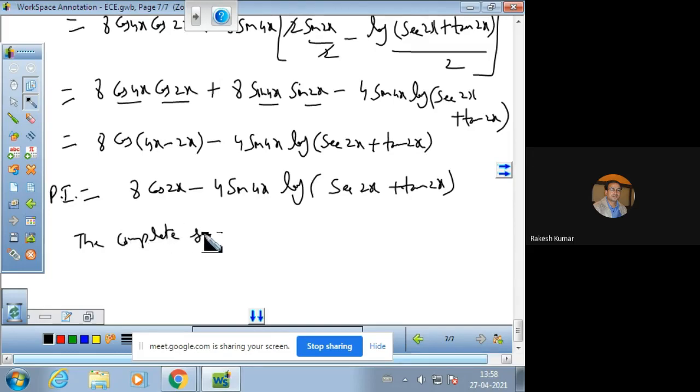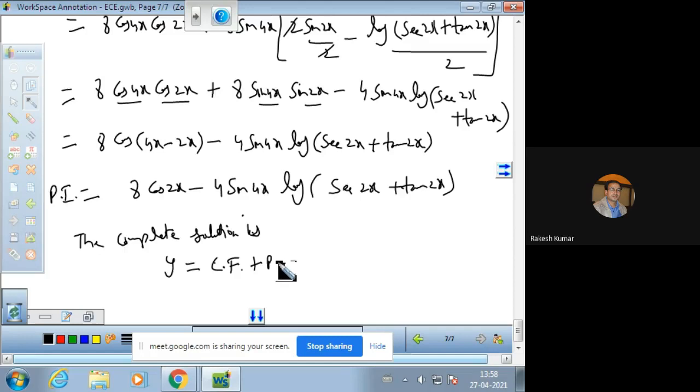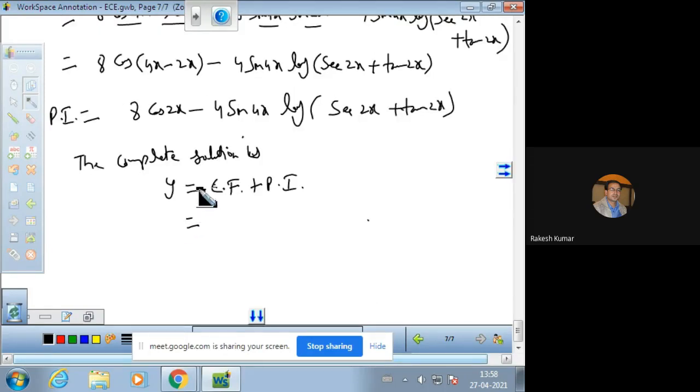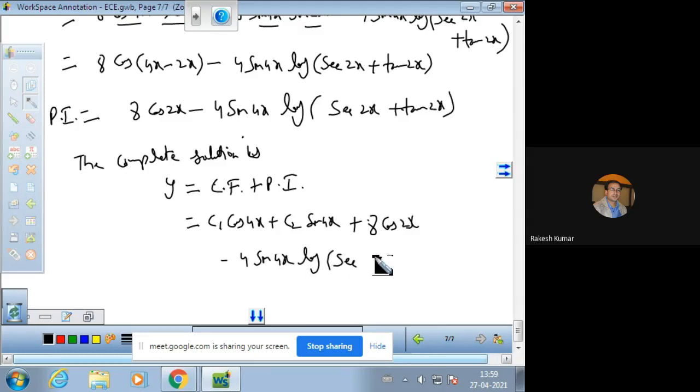See, for the complete solution we need two parts: one is the complementary function and one is the particular integral. So the complete solution is y is equal to complementary function plus particular integral. Your complementary function was c1 cos of 4x plus c2 sine of 4x plus the particular integral, which is 8 cos of 2x minus 4 sine 4x log of secant 2x plus tangent 2x.